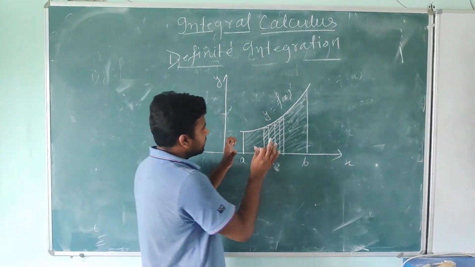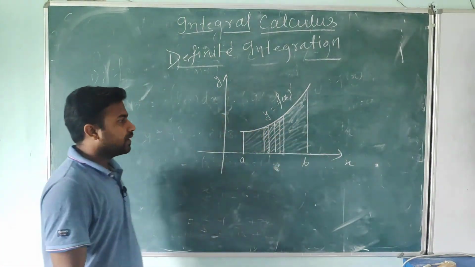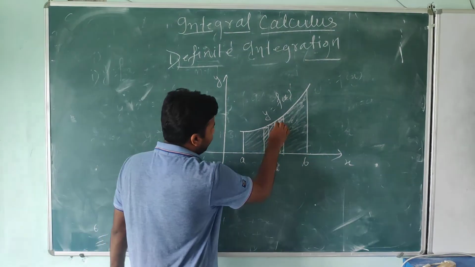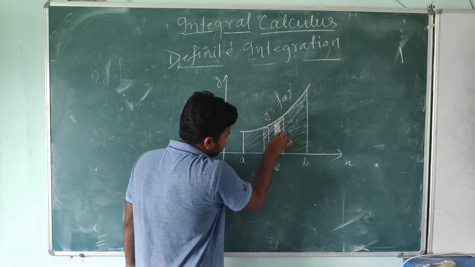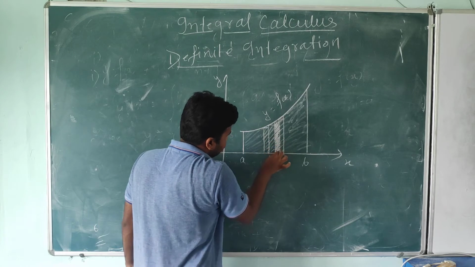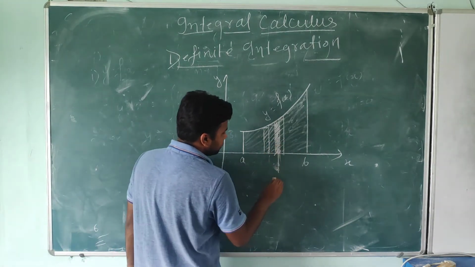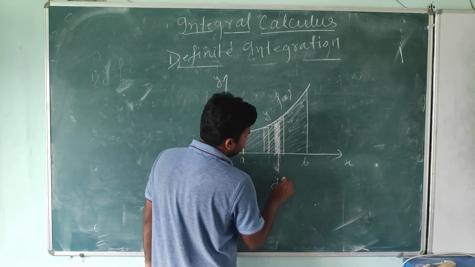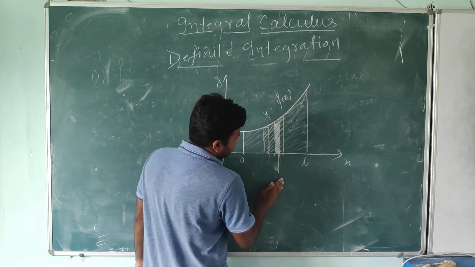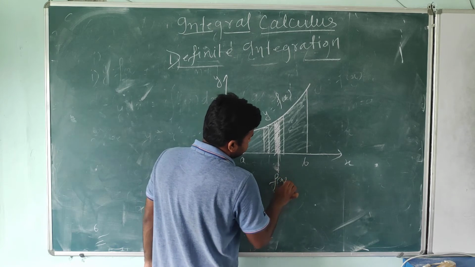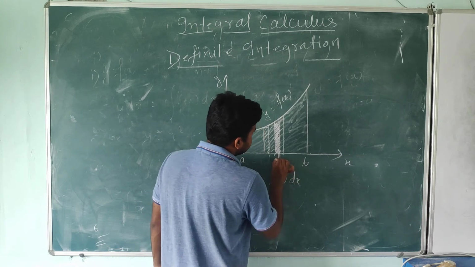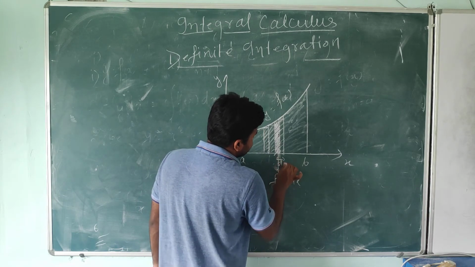So if you want to find this area, how can you find it? Because you know the area of this strip, the dark stripped area is y into dx, or f of x into dx, because the strip width is dx, is it or not?